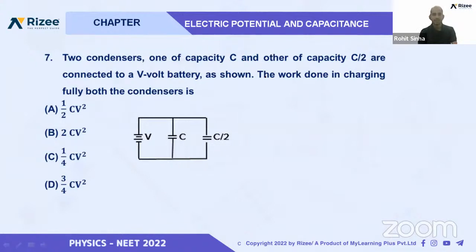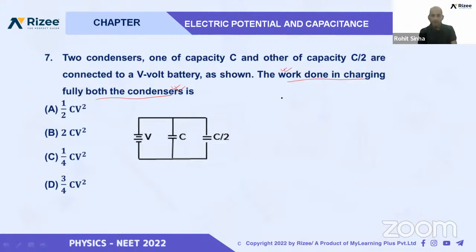Option D. What do you get? How much work is done in charging both the condensers? This is the question.